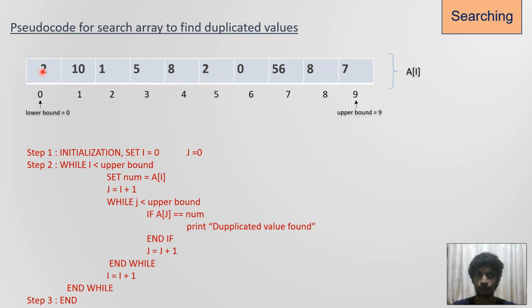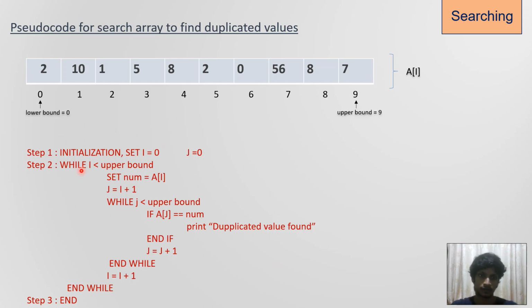If there were another 2, making three 2s, it would also be duplicated. Likewise, if the same values exist in the array, it has duplicate values, and we can perform this procedure to find them.